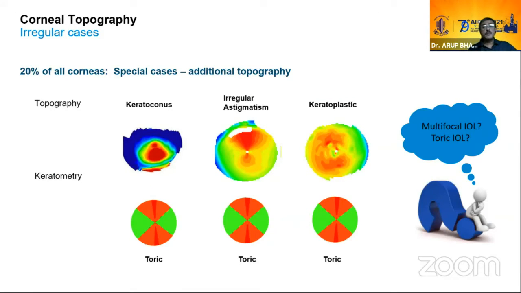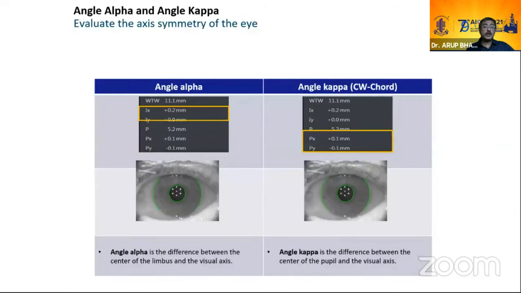This keratometry never replaces the actual topographical keratometry, but it gives you a rough idea whether you should go for topography, and whether the patient is suitable for a premium IOL, that is, a multifocal or toric IOL. It also gives you the angle alpha and angle kappa, which are very important in case of multifocal or trifocal IOL.